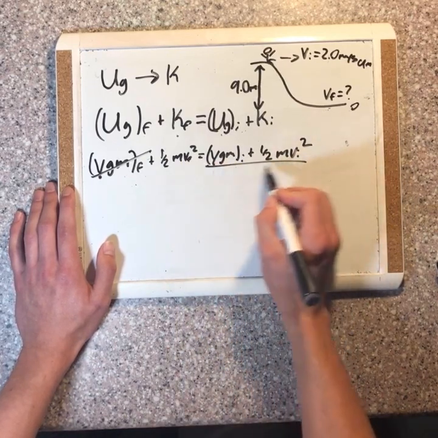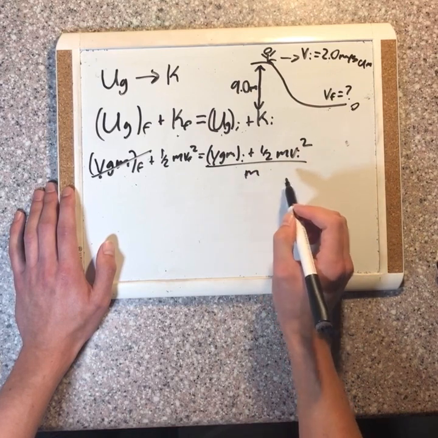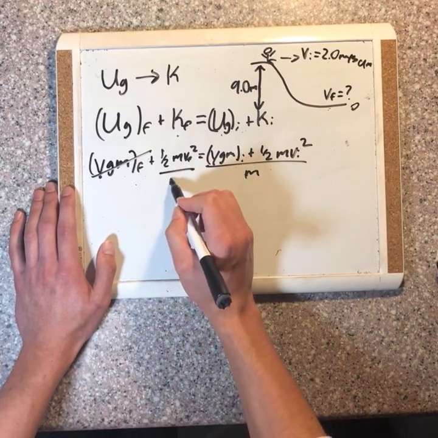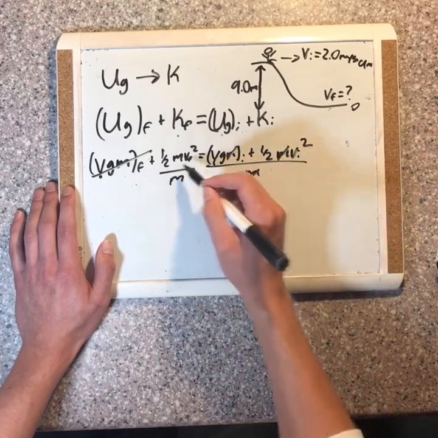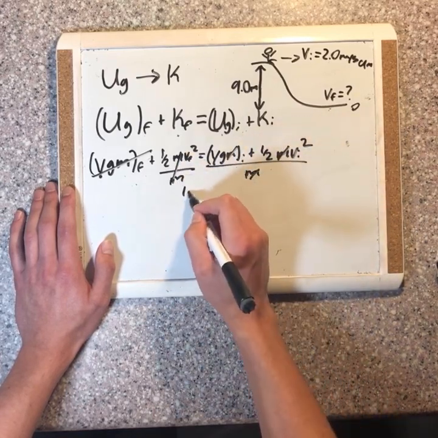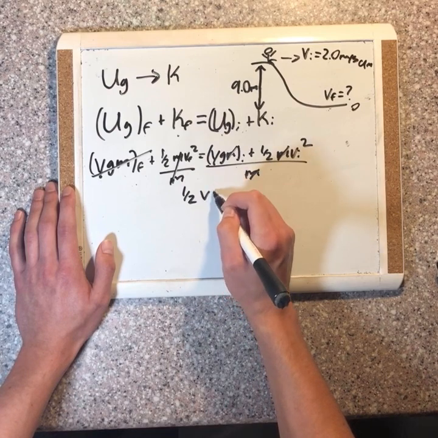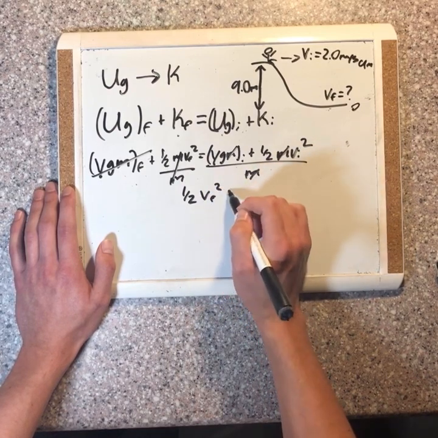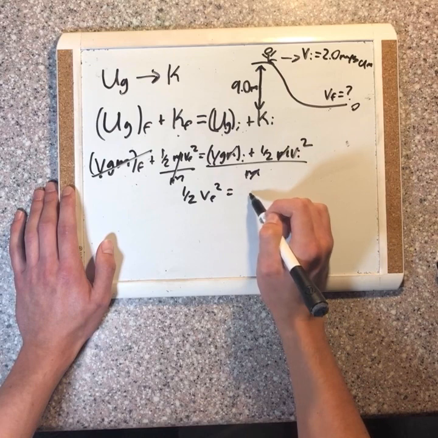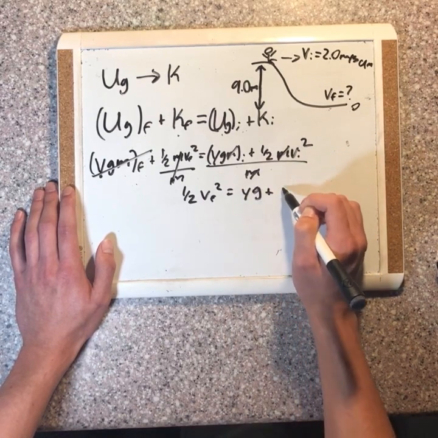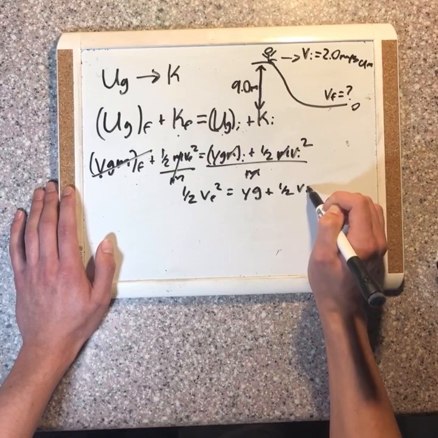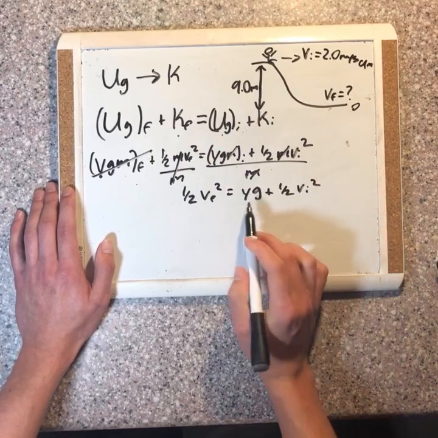So if we divide this whole thing by m, on both sides, like in algebra, the masses cancel, and we're left with 1/2 v final squared is equal to y times gravity plus 1/2 v initial squared.